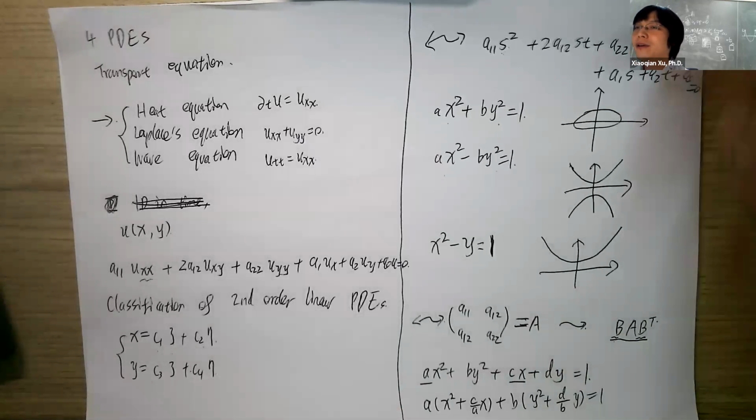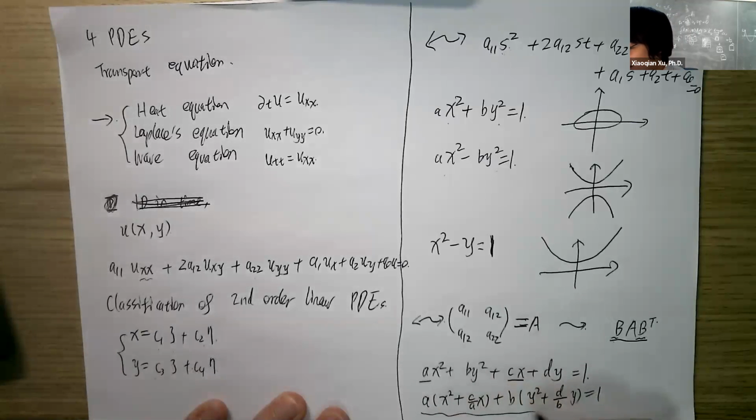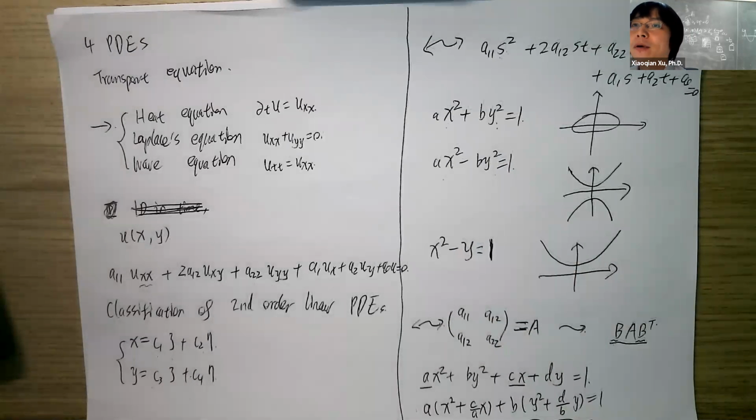But of course, this is only for the algebraic equation. If you want to check the differential equation, then the first order term may matter, so you may have to deal with it a little bit more. But eventually we will see that it looks like these three kinds of forms, as long as you can find B such that it can diagonalize your A. So can you find B to diagonalize A?